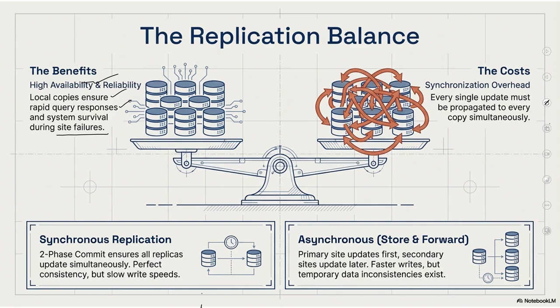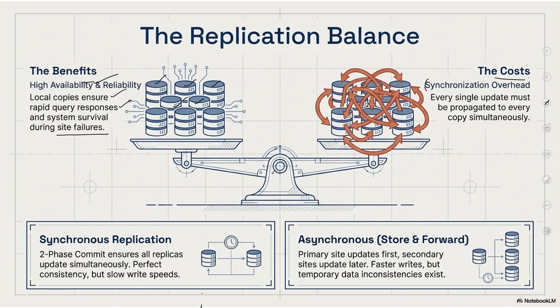So what are the things we want to focus on here? Synchronization will be an overhead, because every single update has to happen in all the different nodes. I don't update the data in a single data center; I want to update the data in every data center.